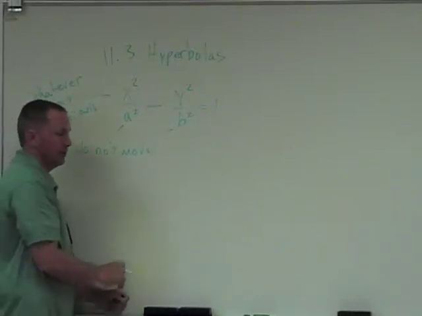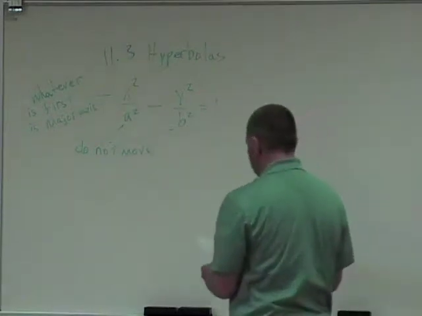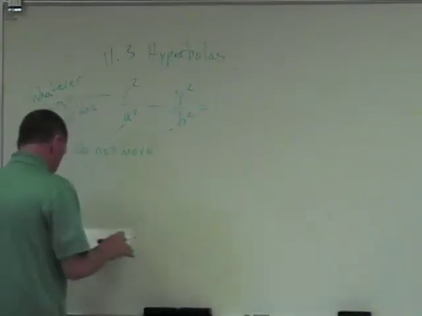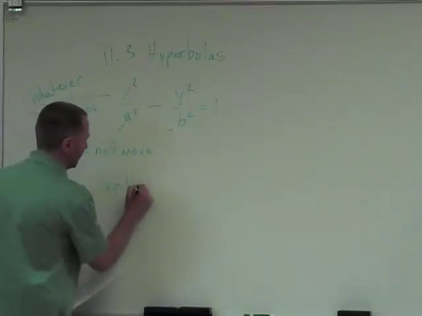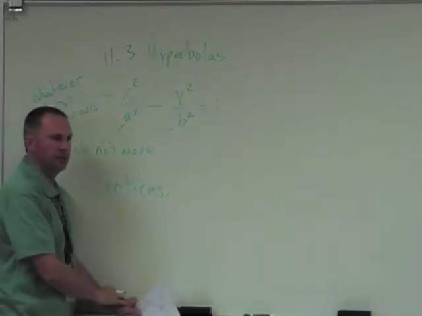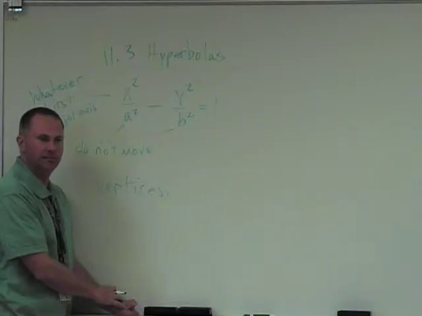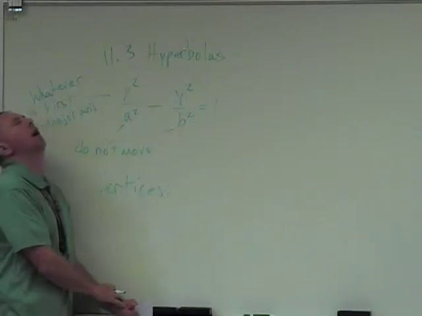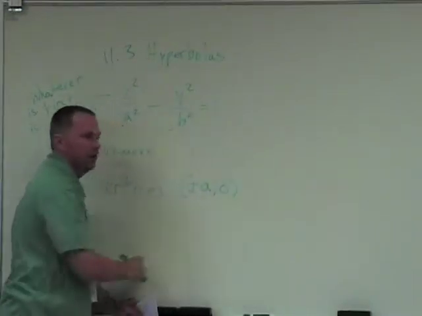Okay, what else? Some things you've got to list. You still have to find a, b, and c. So let's start with vertices. What do you know about vertices from the other lessons? What's your vertex on your major axis? What letter? A, right?